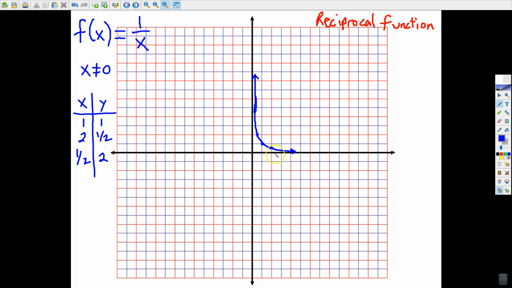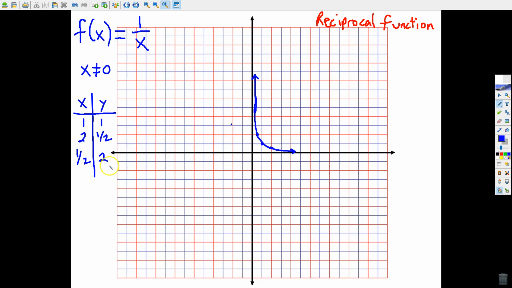Because x cannot be 0, that prevents us from hitting the y-axis, and this function can never be equal to 0. There's never a number that we could input for x to make the function become 0. So that's why both the x and the y are considered to be asymptotes. We will approach, but we'll never touch either axis.